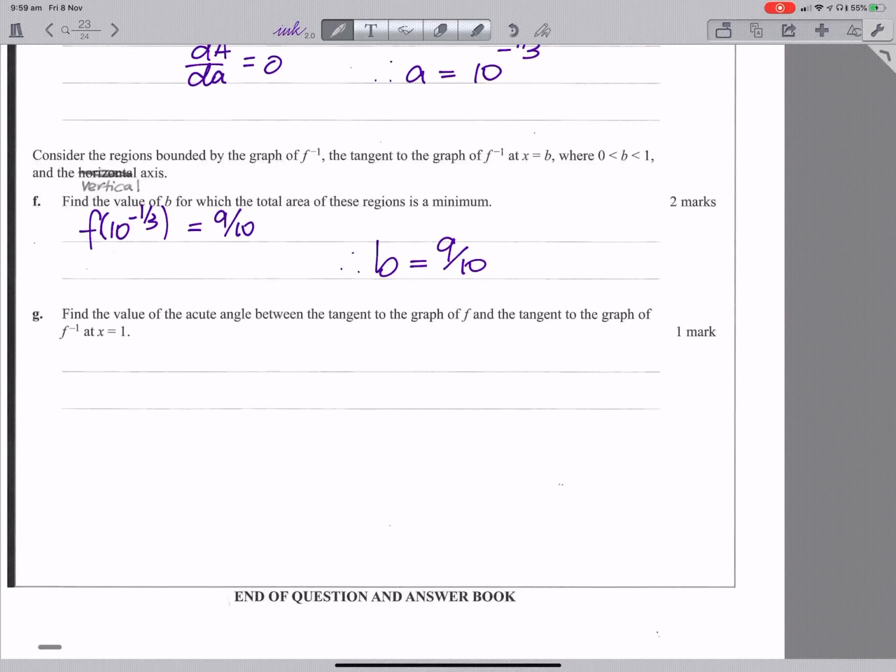Find the value of the acute angle between the tangent of the graph of F and the tangent of the graph of F inverse at x equals 1.